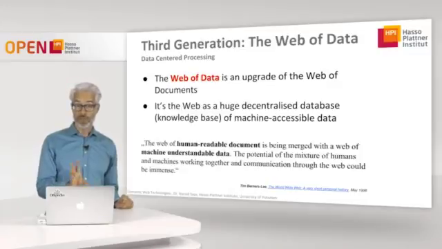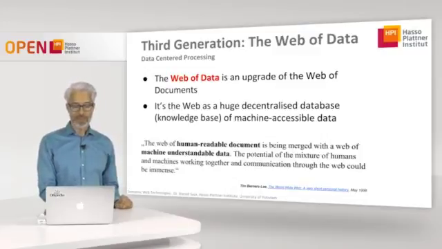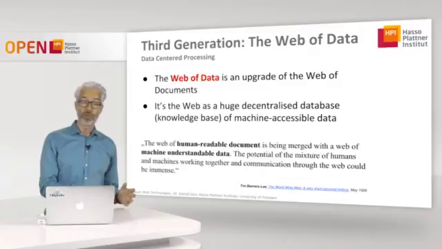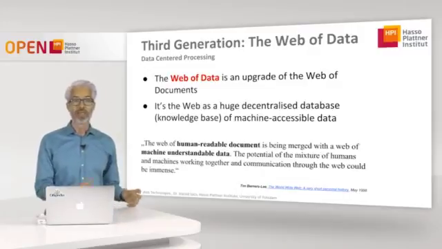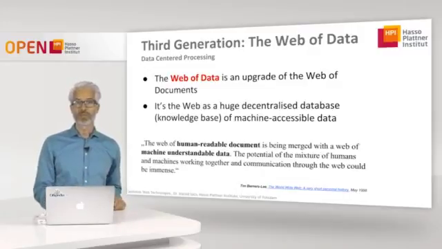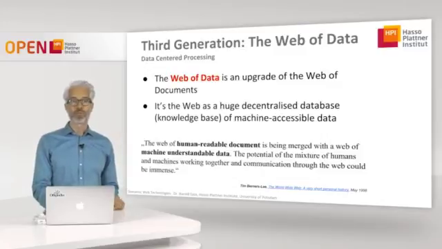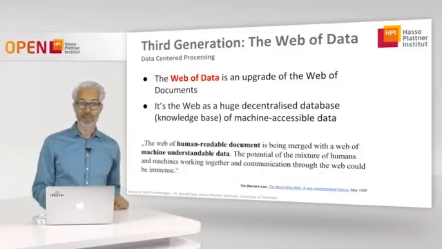The vision of this web of data is rather old. Already in 1998, Tim Berners-Lee stated, when he first proposed the so-called semantic web, that the web of human-readable documents is being merged with the web of machine-understandable data.